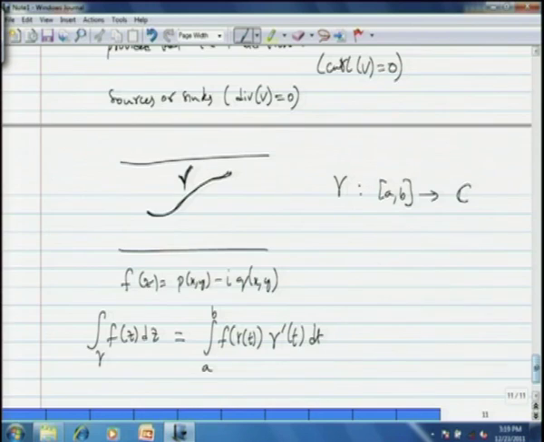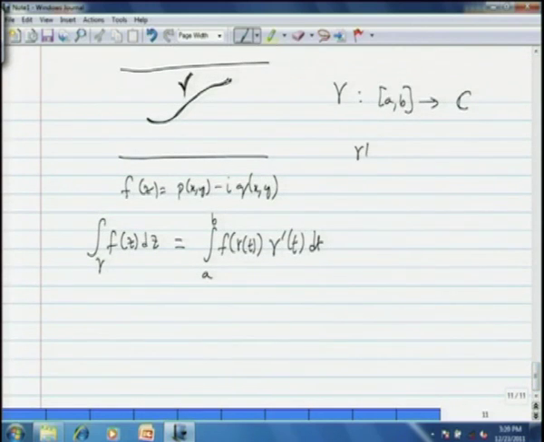Okay. So, if I call gamma of t as x of t plus i times y of t, okay, gamma after all has its image in C, then I can write this line integral as the integral from a to b of f, which is p of gamma of t. Gamma of t is a point in the complex plane, so strictly I should be writing x of t comma y of t.